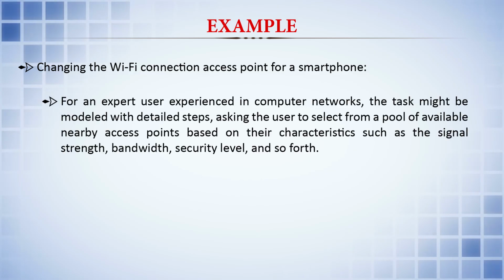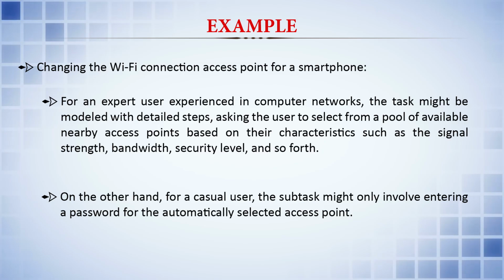For an expert user experienced in computer networks, the task might be modeled with detailed steps, asking the user to select from a pool of available nearby access points, based on the characteristics of those points such as signal strength, bandwidth, security level and so on. All these things may cater to the expert user experience.